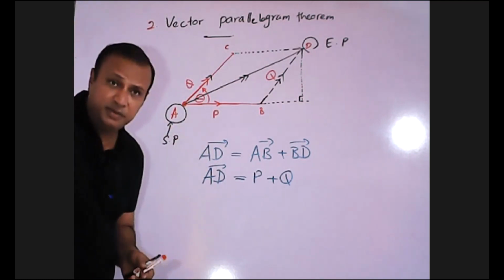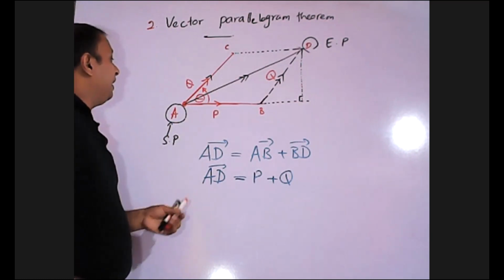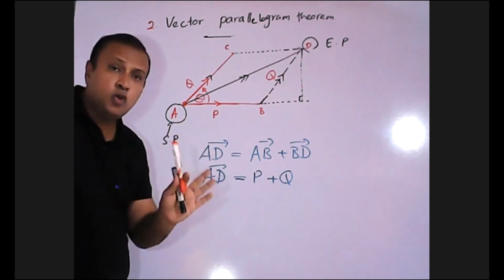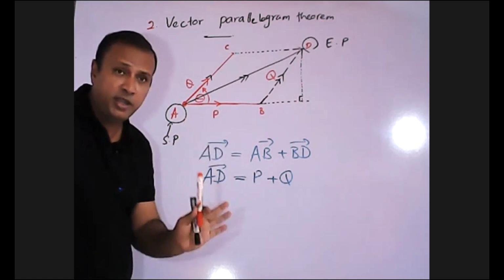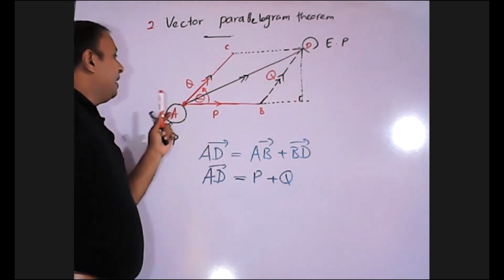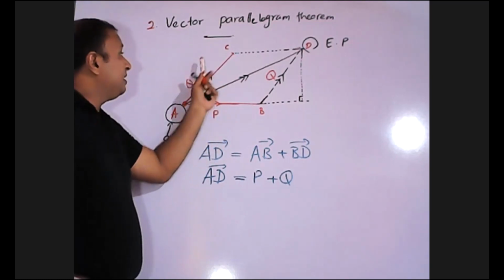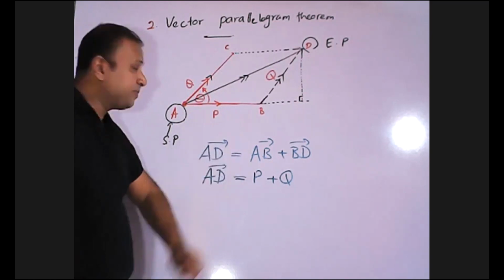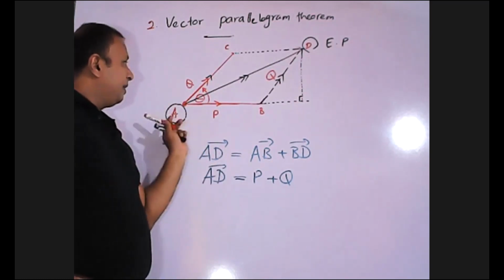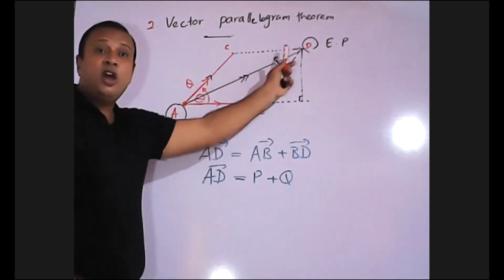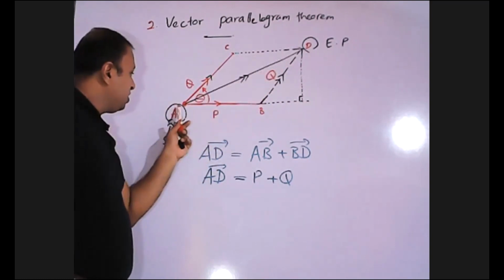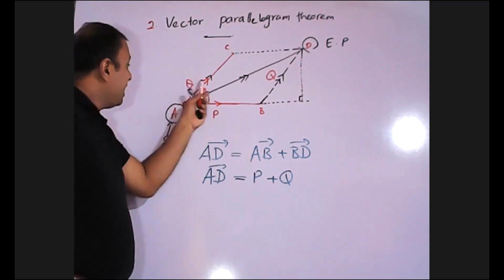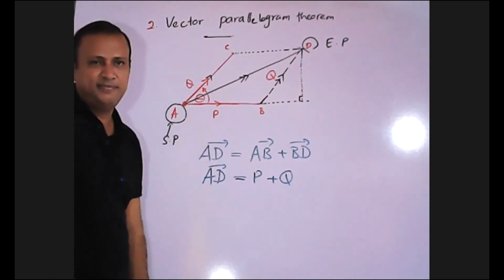The vector parallelogram theorem says that if there are two coplanar vectors acting at the same point, and if you complete a parallelogram using these two vectors, the diagonal of this parallelogram which goes through this point represents the addition of these two vectors.